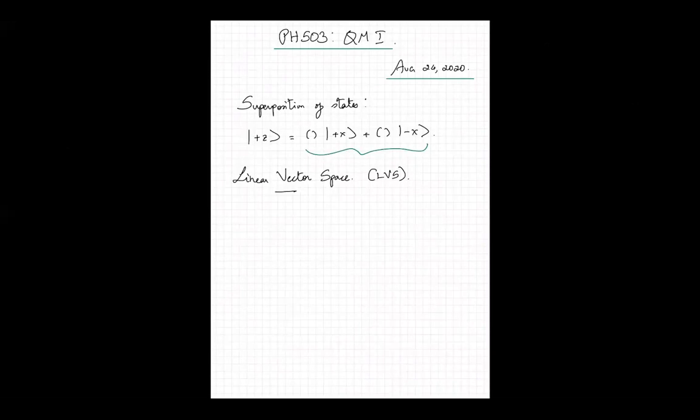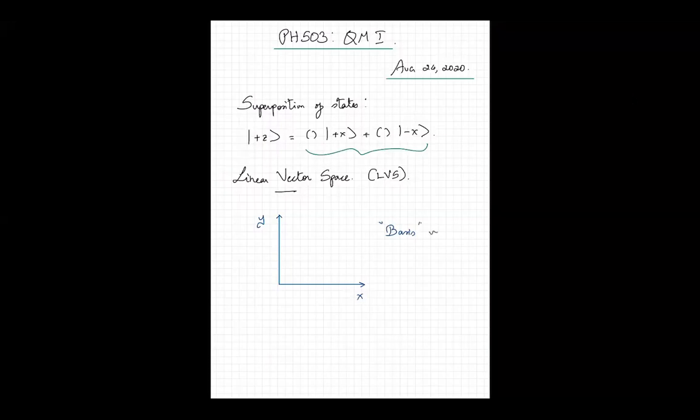Okay, so let us recap what we already know about vectors. How do you construct a vector? Let's look at the example of a Cartesian vector. What is a Cartesian vector? In two dimensions, you think of two axes called the x-axis and the y-axis, and we use what are called basis vectors.